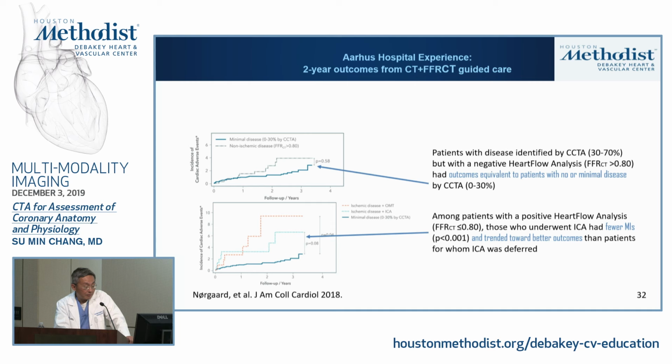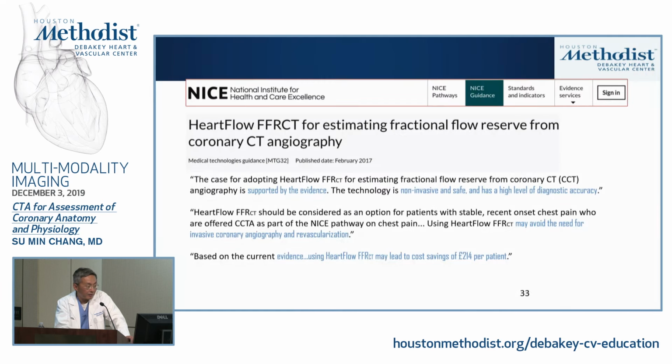And the patient who had, and this I think is a little controversial, an abnormal CT-FFR less than 0.8 tends to have fewer MIs if they go to the cath lab compared to the patient who does not go to the cath lab. I don't think they have enough numbers to claim that.